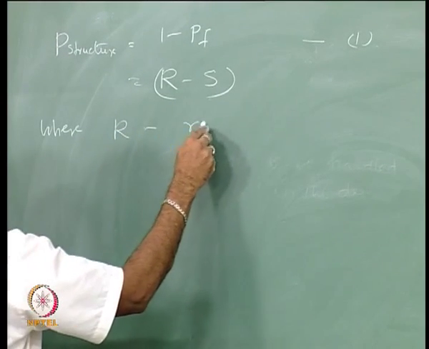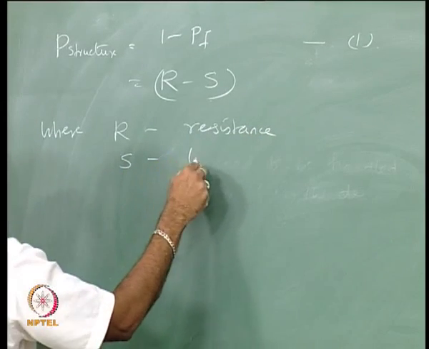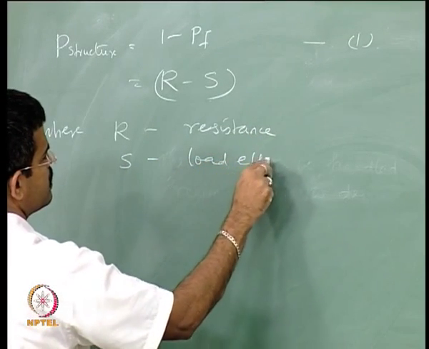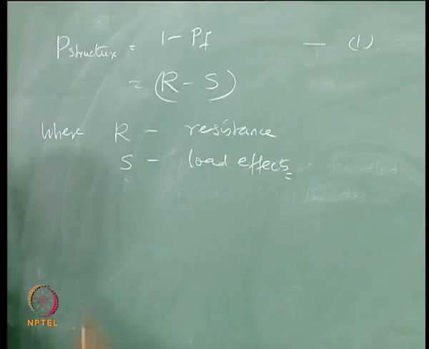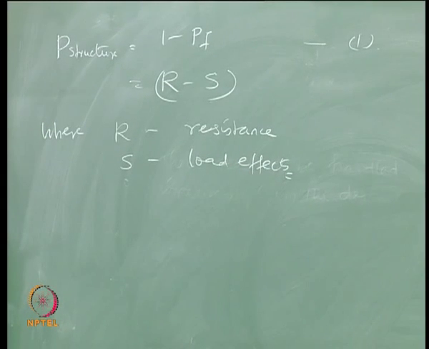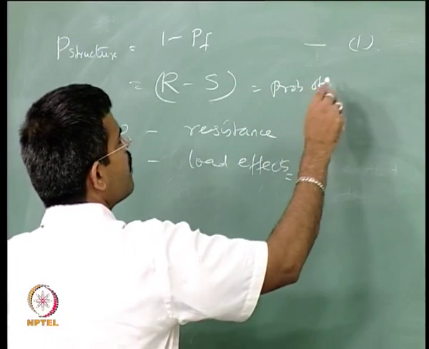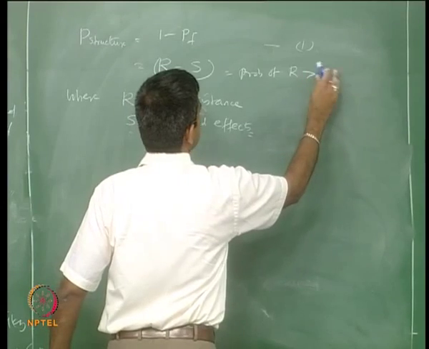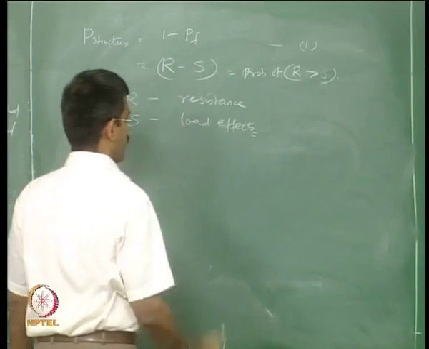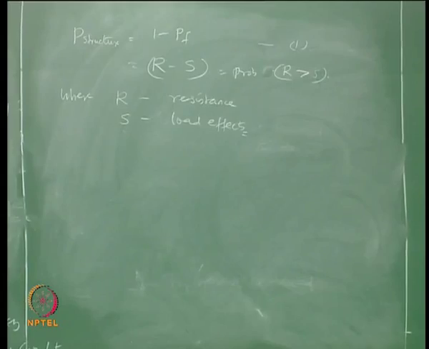R is indicating the resistance of the structure and S indicates the load effects. That is why this S is here, okay? Load effects. Or I should say probability of R greater than S. That is reliability.